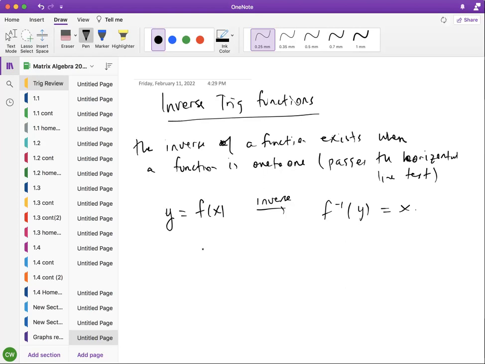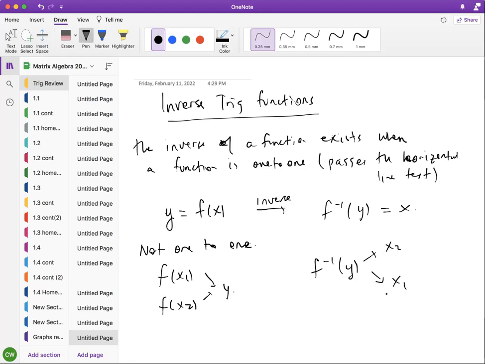So why must a function be 1-to-1? Well, suppose it wasn't. So a function not 1-to-1 means there exist 2 x values that both give you the same y value. So if the inverse existed, it would output 2 x values, but that means it's not a function.